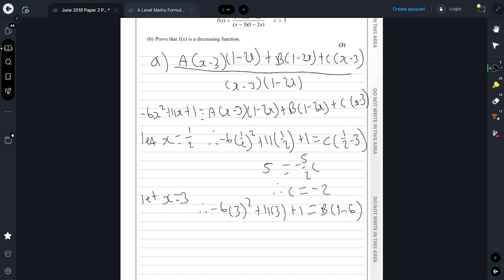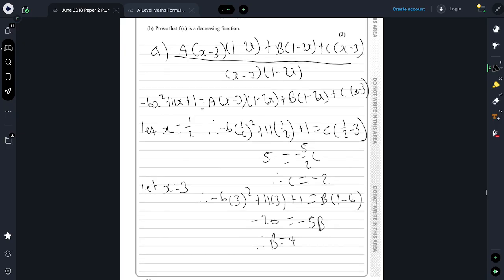Okay, let's put that in. So you get minus 20. Okay, cool. So then minus 20 on the left-hand side is minus 5b. And then if we divide through by minus 5, that means b has to be 4, right?